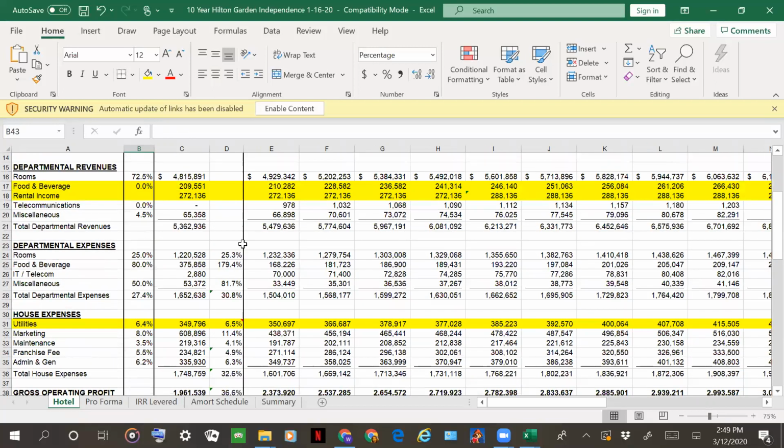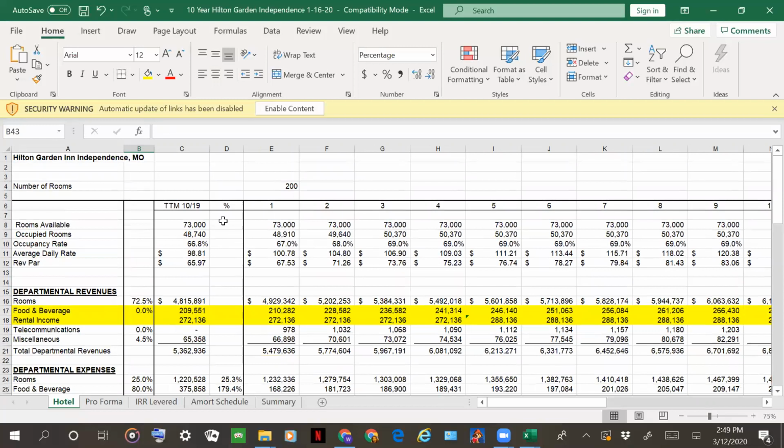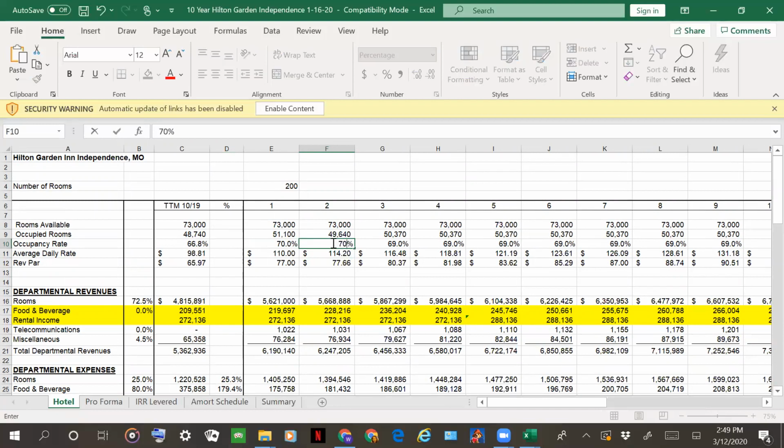What does it look like if we did what the other one did, the 70%? Courtyard? So 70% with 110 ADR, and we'll leave that there as well and watch everything else. Yeah, that should be about right.